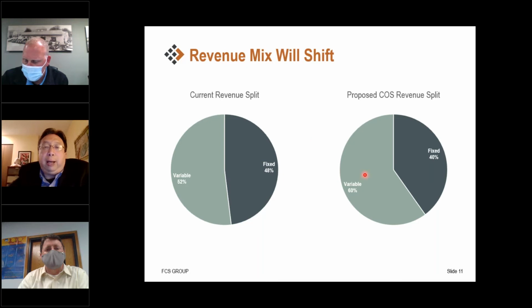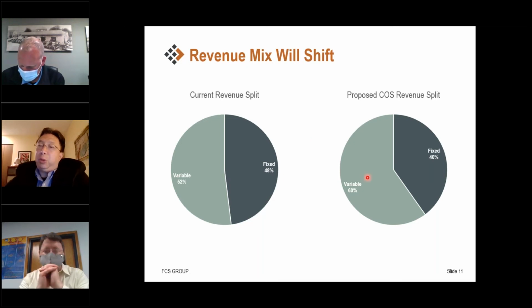By moving to a four-tiered structure and assuming that customers do not change their water consumption behavior, what we see is a movement towards greater revenues coming in from your variable charges, to about a 60-40 split.